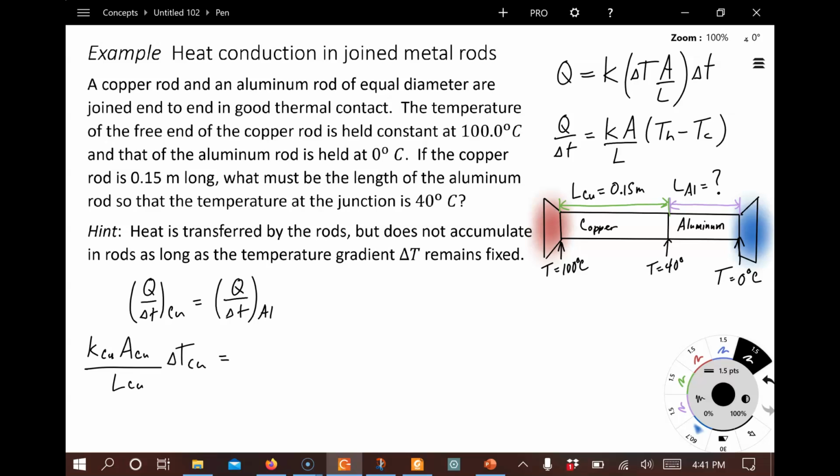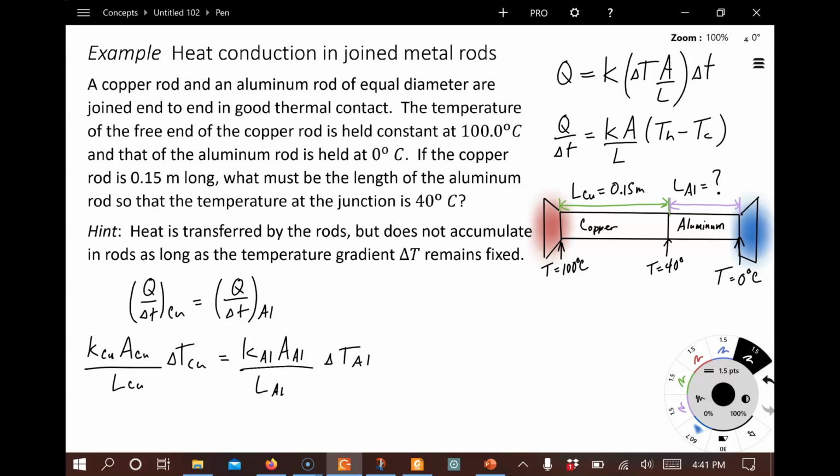And then we've got the same thing on the other side for the aluminum: thermal conductivity of aluminum, the area of the aluminum rod, the length of the aluminum rod, which we're trying to solve for, and the temperature difference between the hot and cold end of the aluminum rod.